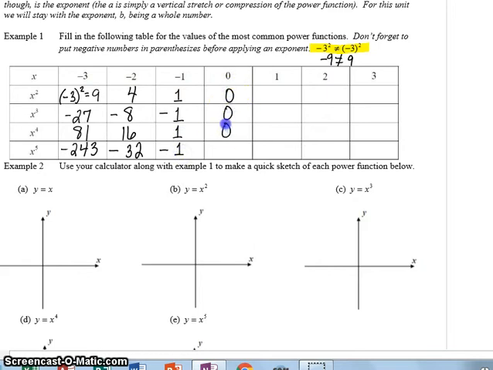Zeros all remain zeros. 1 to any power is just 1. And then the 2's take on the same pattern, so 4, 8, 16, 32. But remember, it wasn't a -2, it was a +2, so the patterns of positive and negatives don't happen. Same for 3, so it's going to be 9, 27, 81, and 243.